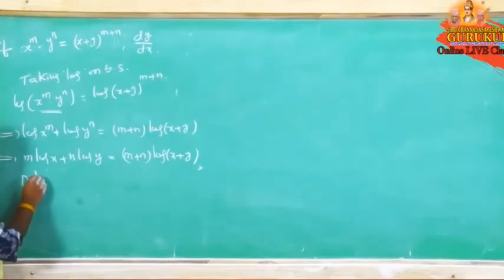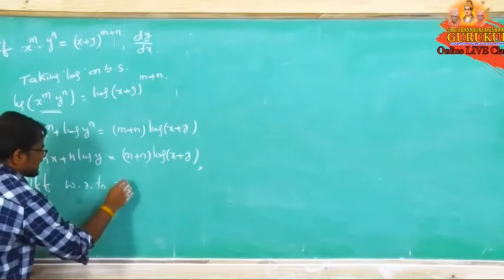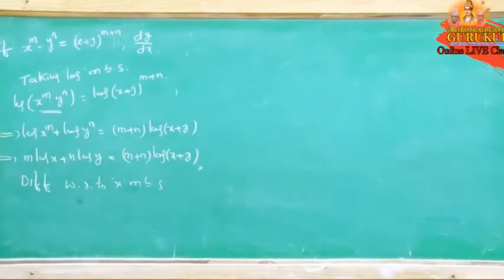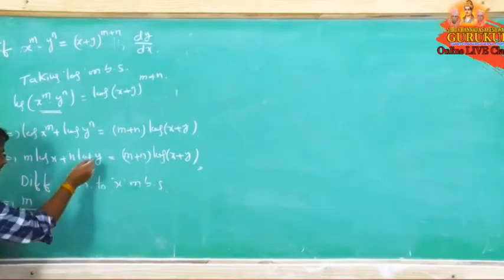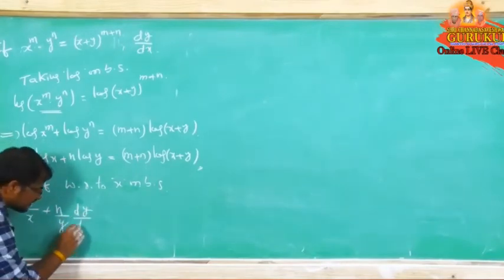Differentiating with respect to x on both the sides, that implies m is constant, differentiation of log x is 1 by x, n is constant, differentiation of log y is 1 by y into dy by dx.